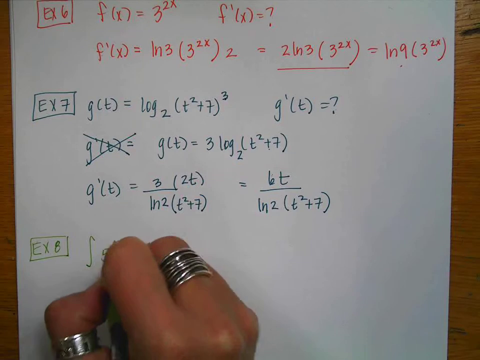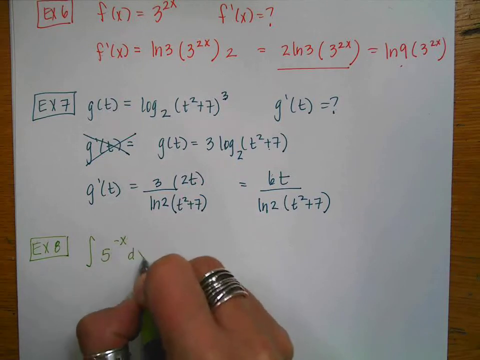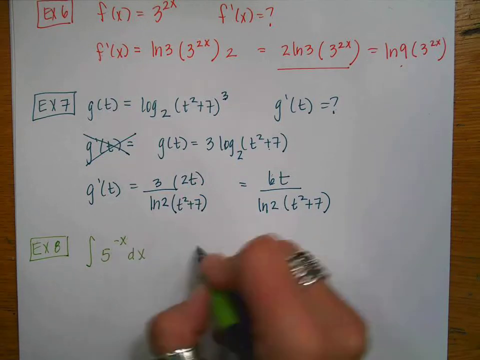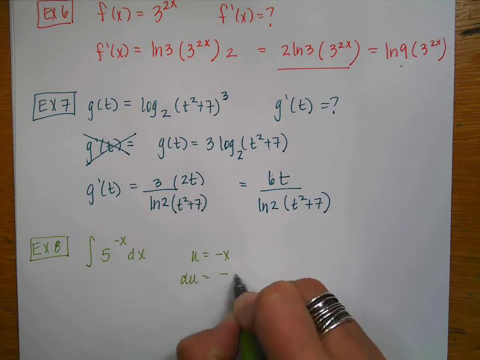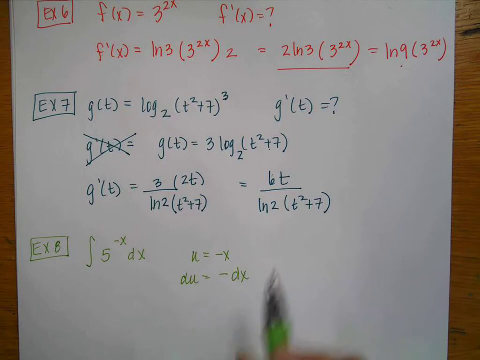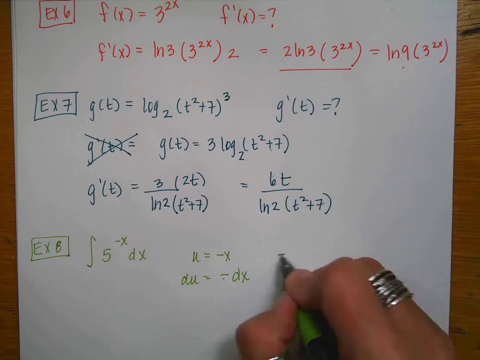Example number 8. I'm going to do the integral of 5 to the negative x dx. Well, when I do this, I'm going to let u equal negative x. My du is a negative dx.